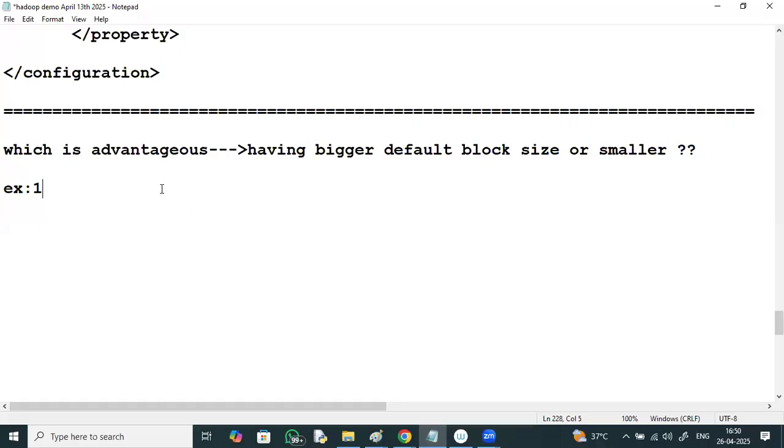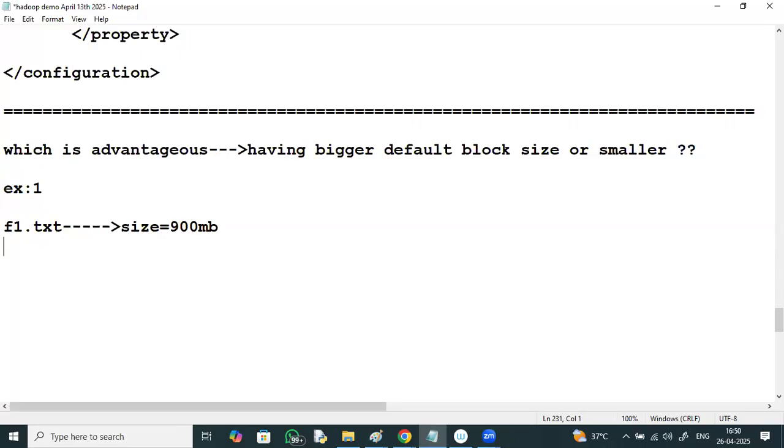You need to understand why Hadoop has given 128 MB as the default. Why 128 MB? It still allows developers to take their own block size also. So here, example one, check this. f1.txt, the size of the file is 900 MB.